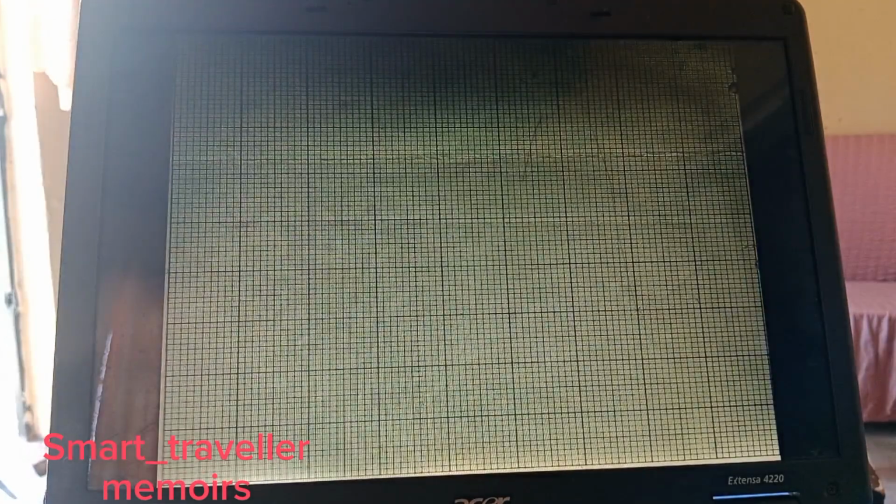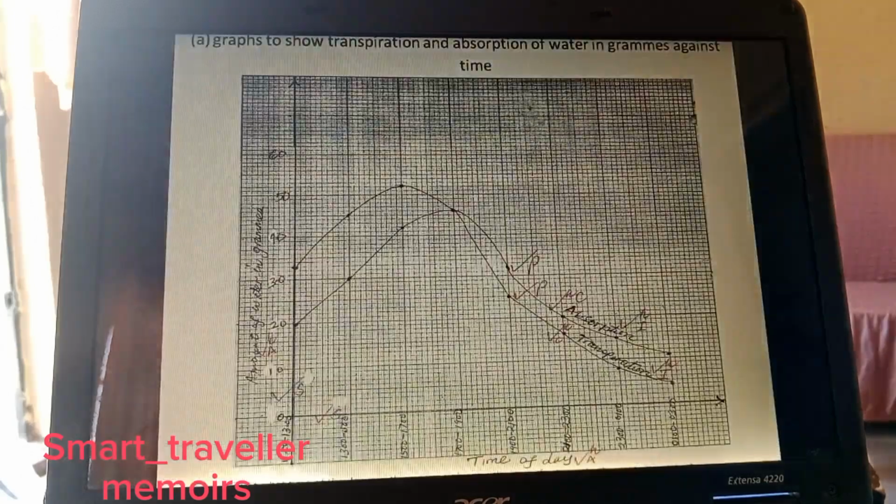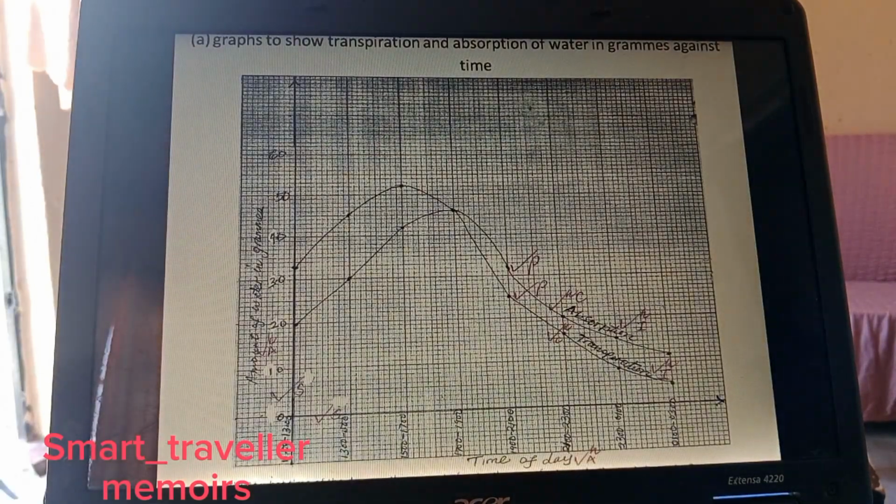So that is the graph paper, where you first draw the X and the Y axis, then you do the necessary as advised above. And that is your final graph.